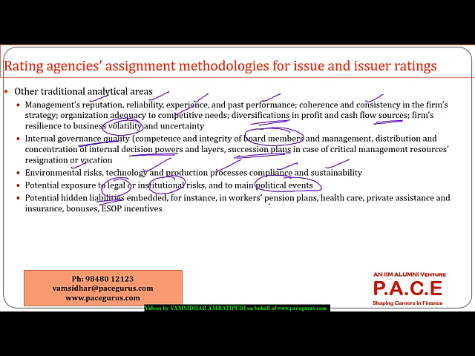The various bonuses that are given by the employer to its employees, the ESOPs, employee stock option plans. All these things are typically looked at by the rating agency into consideration when it is finally considering the final credit ratings that need to be given to these firms.